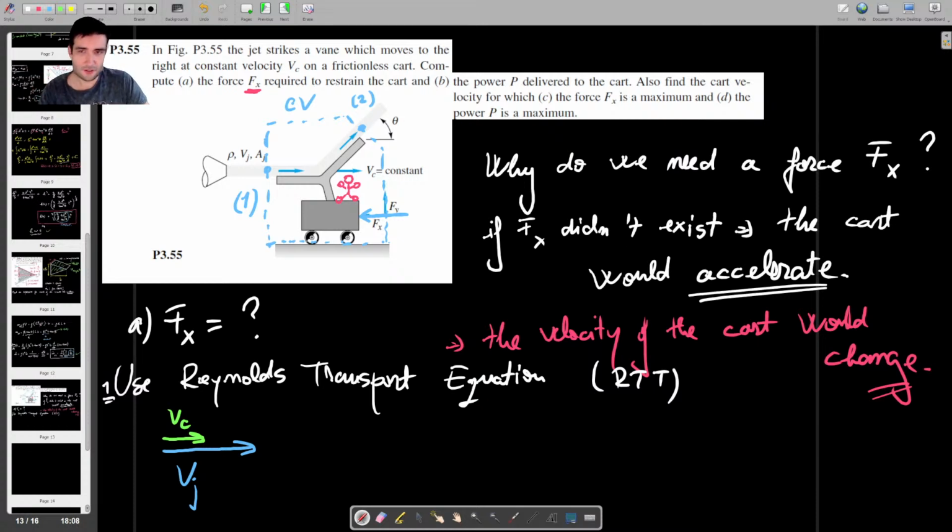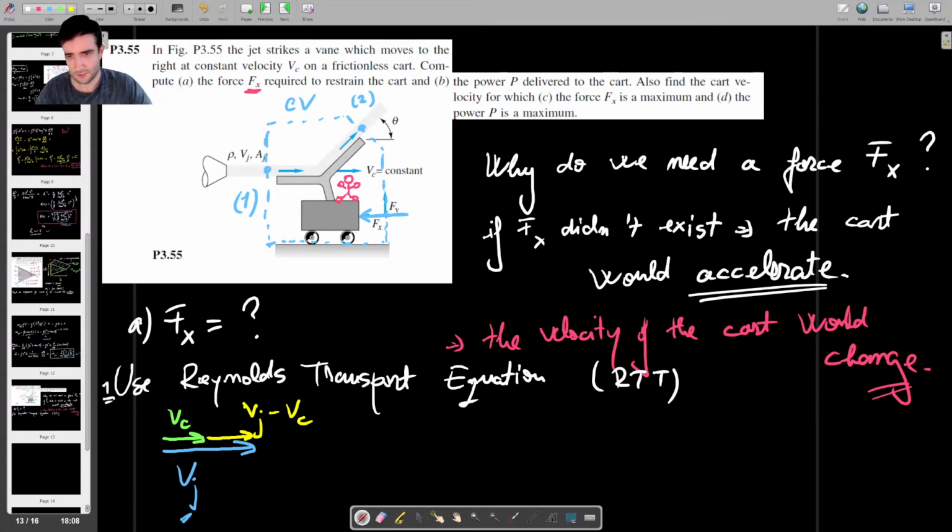So what I actually see as an observer is not Vj, I'm going to see a smaller relative velocity, and that's the key word here, it's relative velocity. So if I look at the water jet, I'm going to see Vj minus Vc coming towards me, right? Whereas if I was to move towards the water jet, I would see the water going towards me much faster, but in this case it's going to be slower because I'm moving with it.